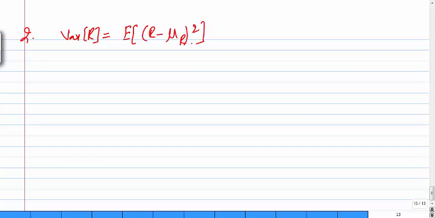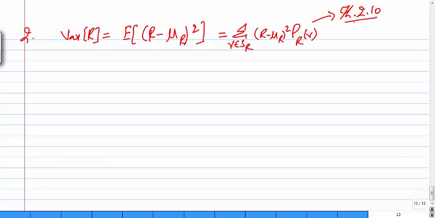Now if we use theorem 2.10, it says that this expected value is actually equal to the sum over R belonging to S R of R minus mu R whole square P R of R. This is from the theorem; if you just go to theorem 2.10, it will tell you how to do it.